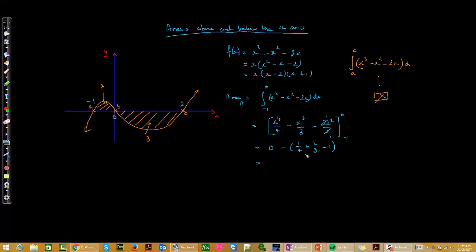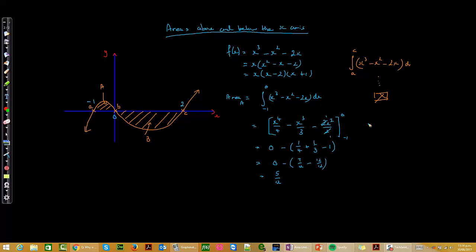Okay, so we're going to get a quarter plus a third. That actually works out to be 7/12. So it's going to be 0 minus 7/12. Take away 1, which is 12/12. So if you do the maths, this is going to be negative 5/12. The negative of that, positive 5/12. So that is this area here, 5/12.